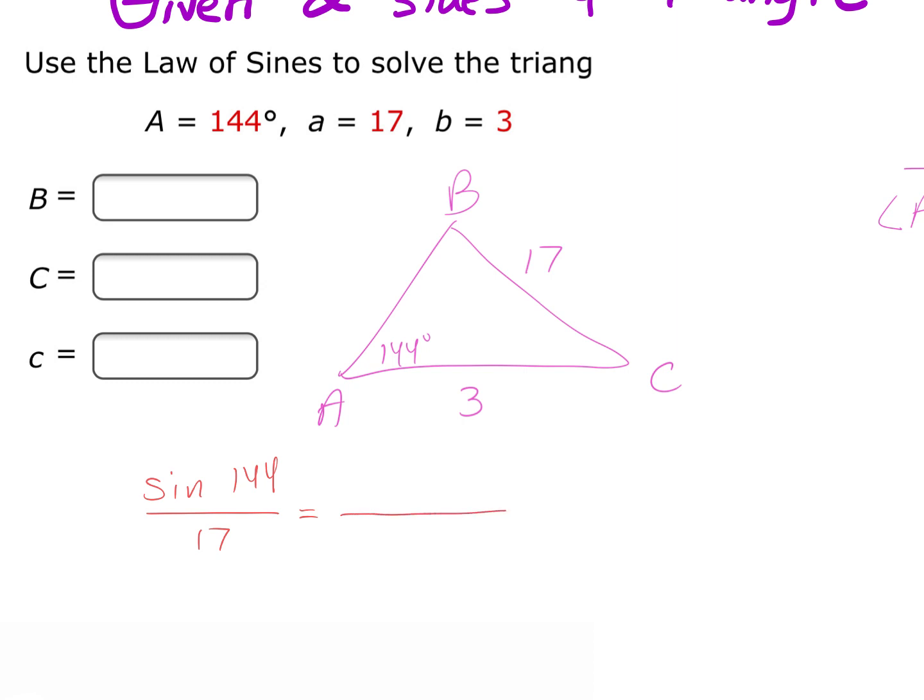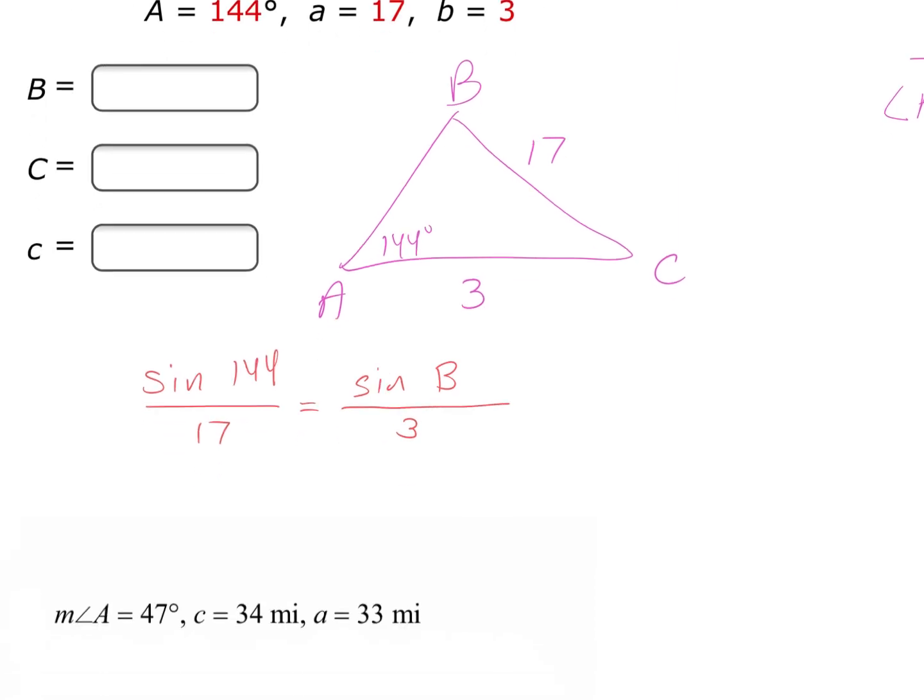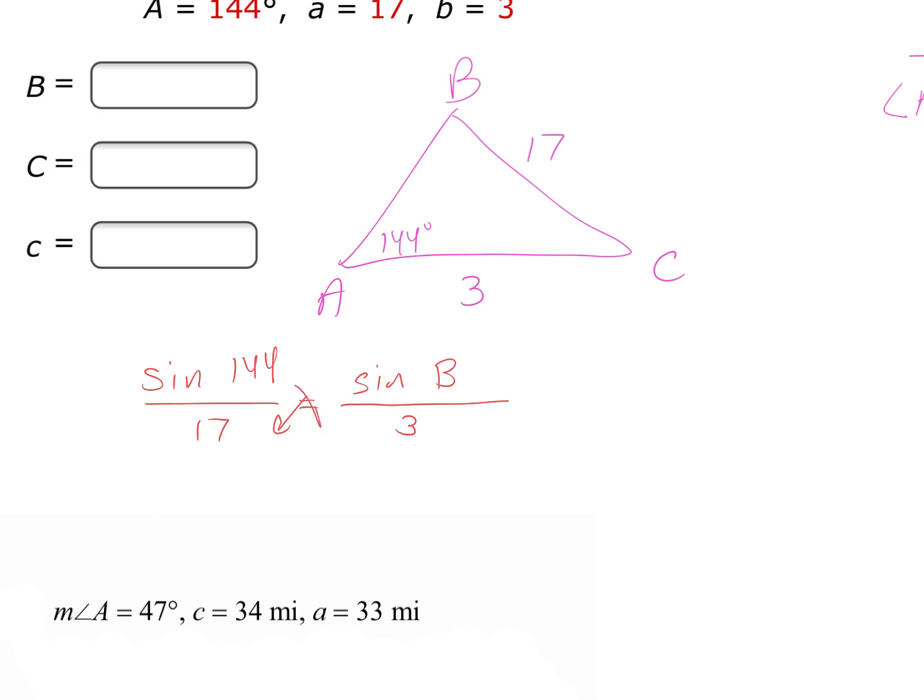That means I'm going to have to find the sine of B. Those two words are very close, I try to articulate. So if we're going to solve this like we've done a million times, we have 3 times the sine of 144 equals 17 times the sine of B. Divide both sides by 17. And you're going to get the sine of B is what?